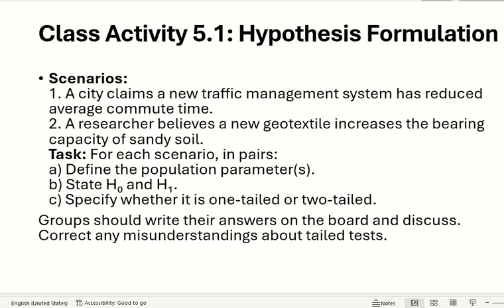Null always has what? Equal. So how can reduce be equal? Same time. Null hypothesis is the new traffic management system has no effect on commute time. No effect means what? Before and after will be equal, right? Same. Okay, so this is the null hypothesis.